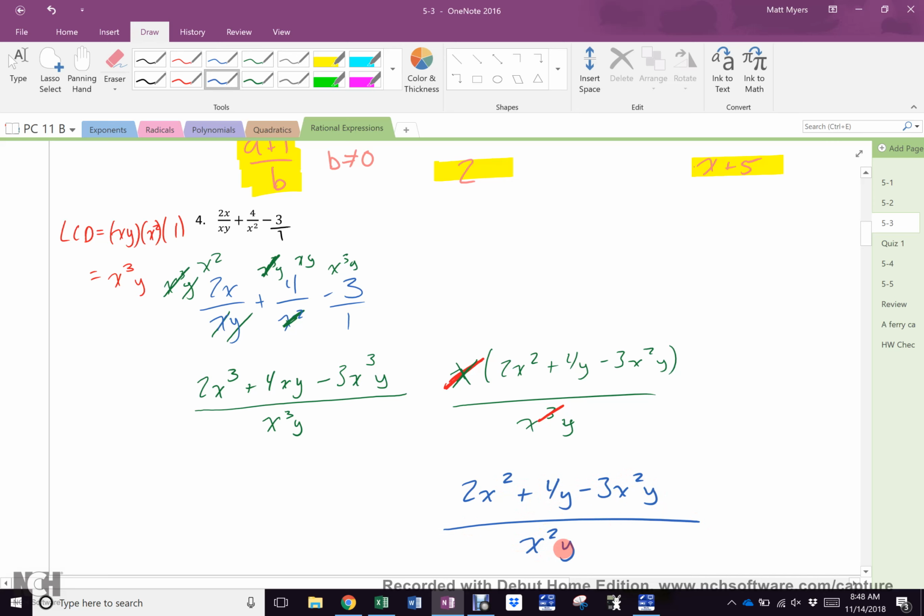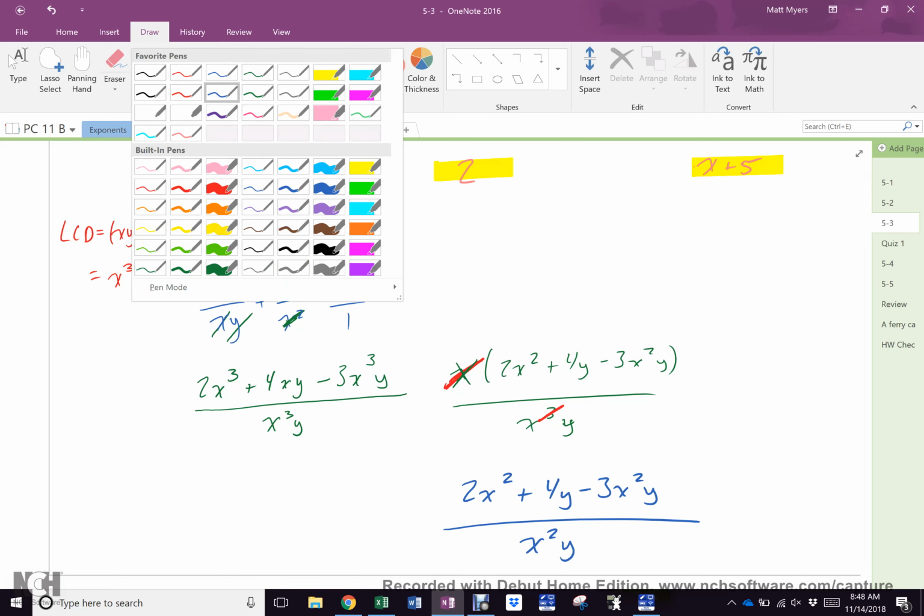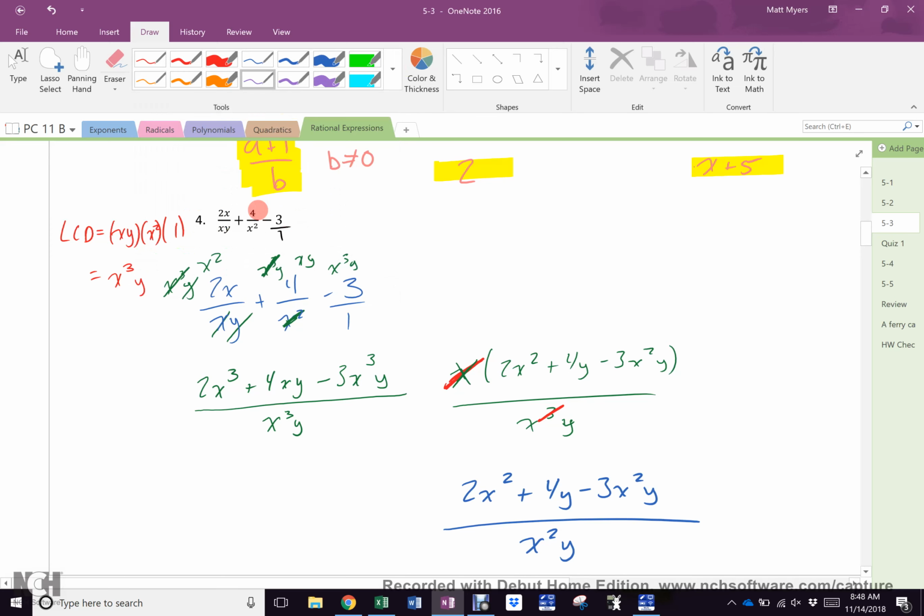Is everybody cool? I just ran through everything I did, right? Now, where most of you have a problem is over here. But remember, this is what is happening. I had 2x over xy, and my common denominator was x cubed y, right?